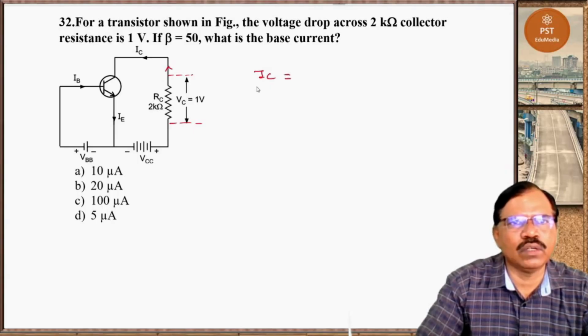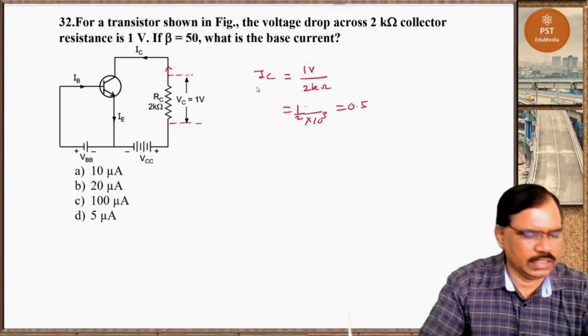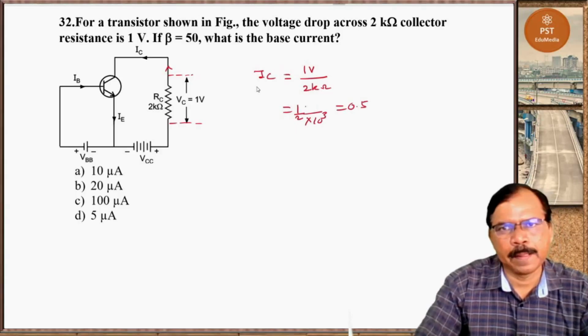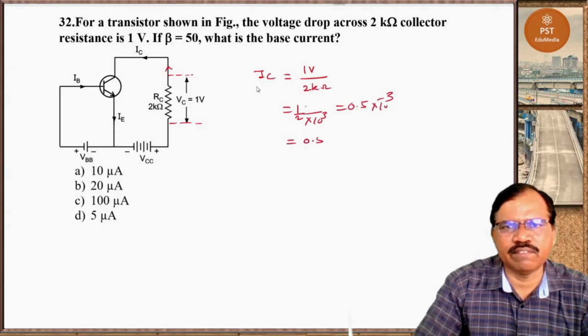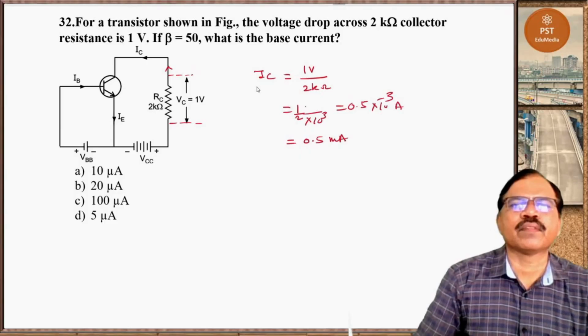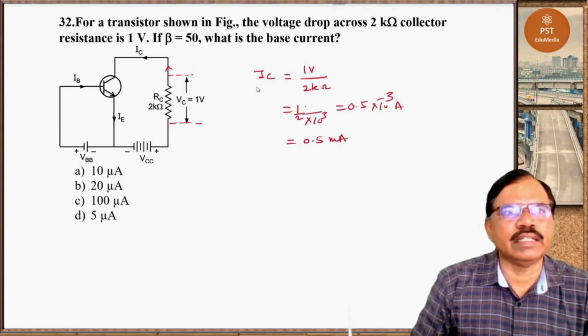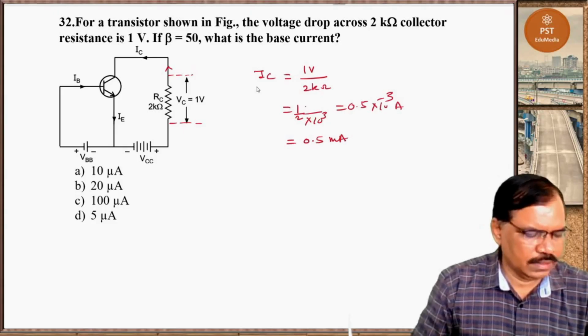So IC is equal to what? 1 volt divided by 2 kilo ohm means half into 10 raised to minus 3. So it is 0.5 milliampere, that is the collector current.